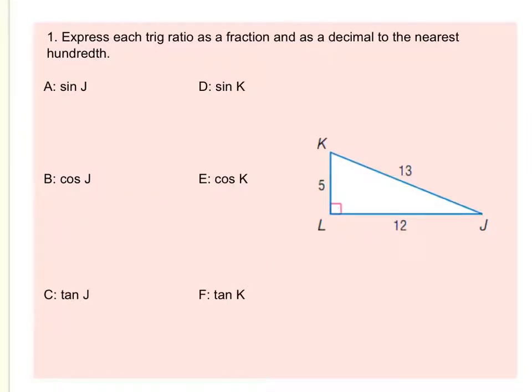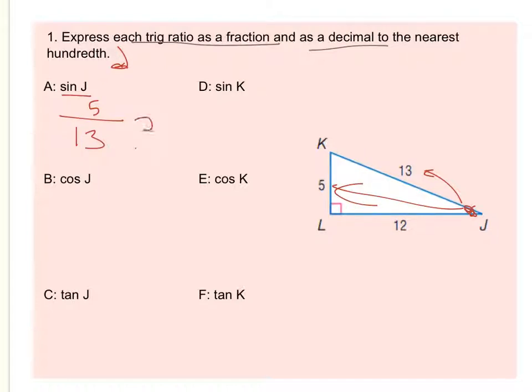So express each trig ratio as a fraction, and then as a decimal to the nearest hundredth. So that's 2 decimal places. So sine of J, so J is here, opposite over hypotenuse. So that's going to be 5 over 13. So as a decimal, that's 0.38.